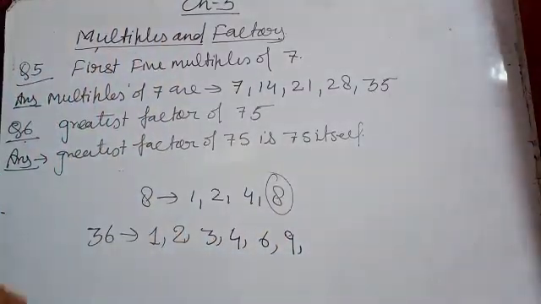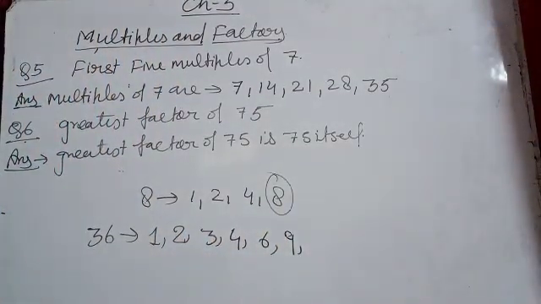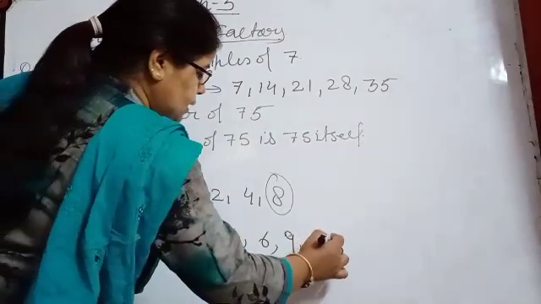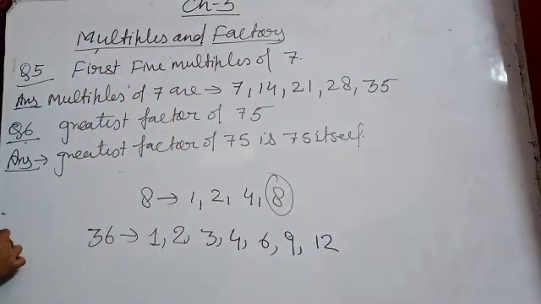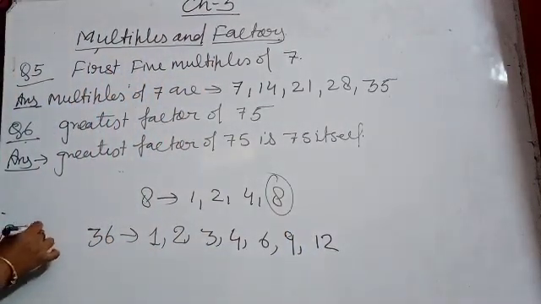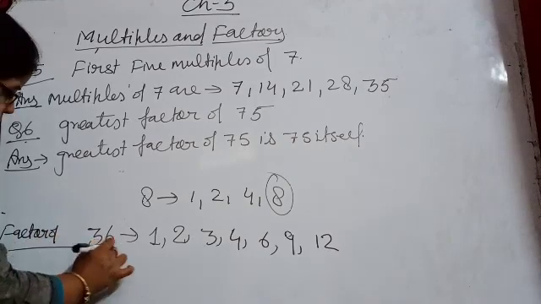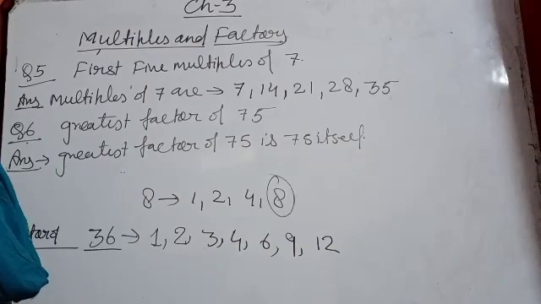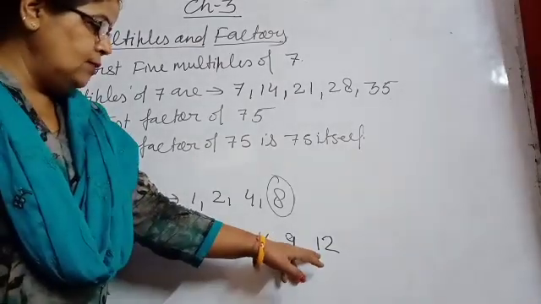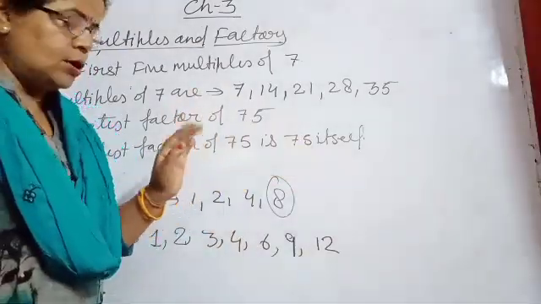Okay. Then in the 10th table 36 is not coming. Then in the 11th table 36 is not coming. Then in the 12th table 36 comes. So in this way factors of 36 are, okay. Then after that in the 13th table 36 is not coming.